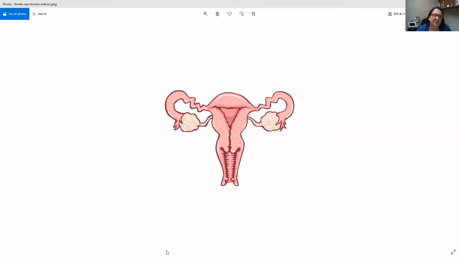So here's the fallopian tube, here's the ovary. If you look at where the uterus is located, the bladder is anterior to the uterus. This is why as the uterus fills, it puts more pressure on the bladder. The rectum is posterior to the vagina.